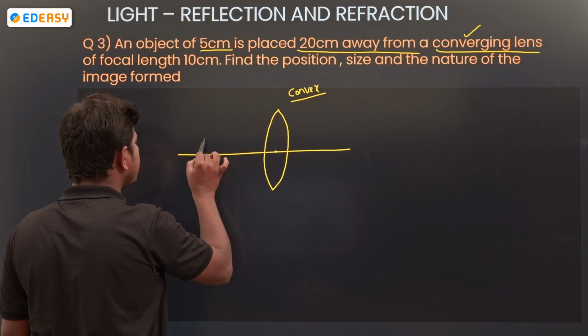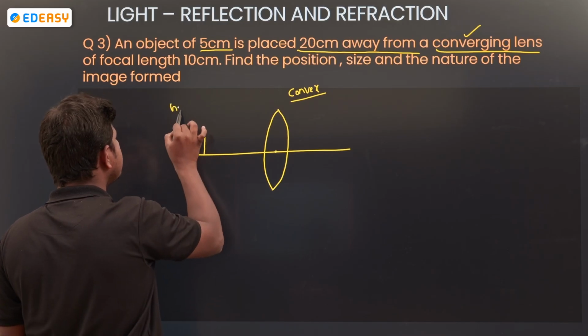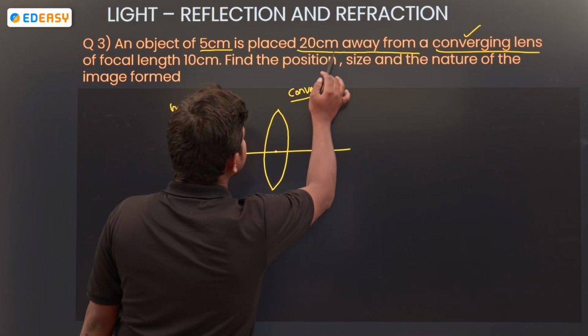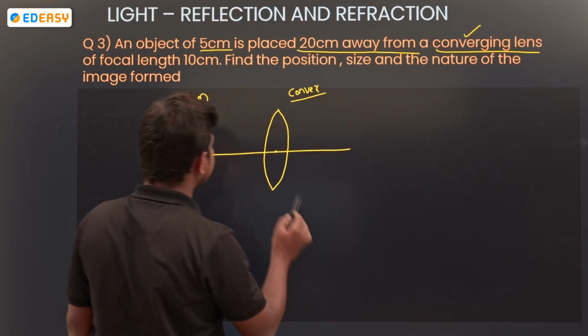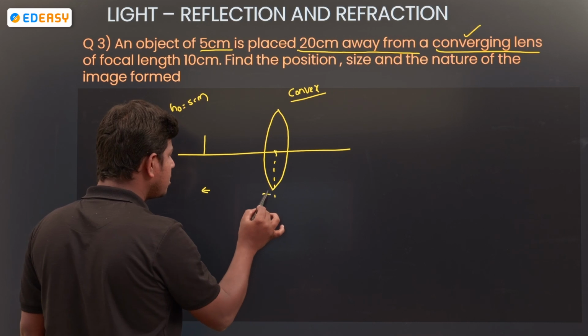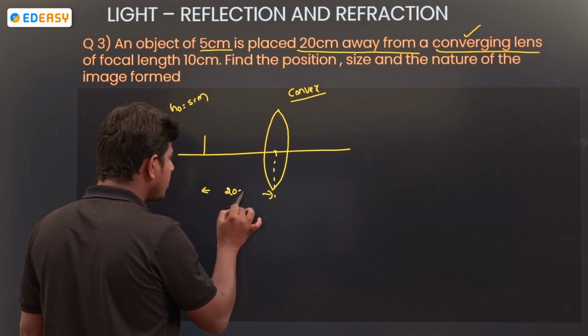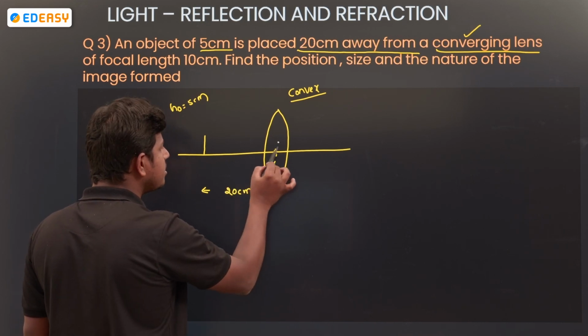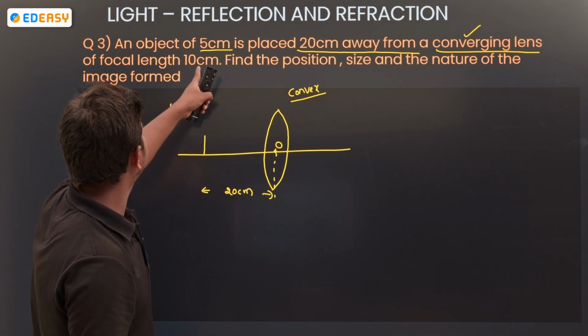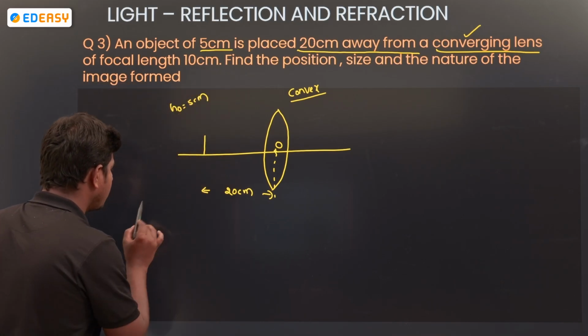So the height of the object is 5 centimeter, placed 20 centimeter from a converging lens. So from the optical center, what is the object distance? 20 centimeter from the optical center. Next, the focal length of the lens is given. So the focal length is how much?